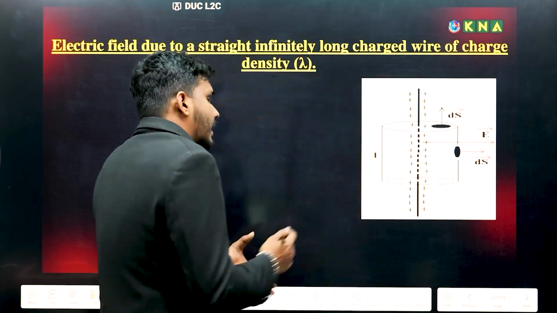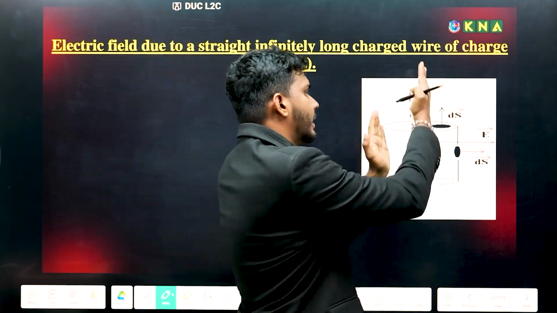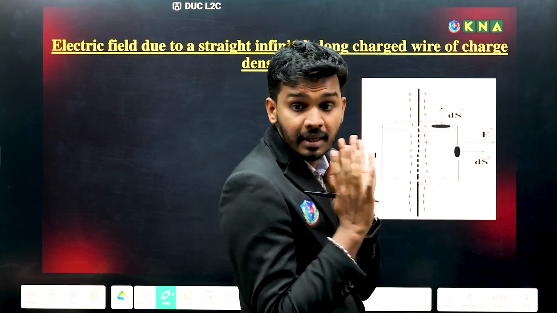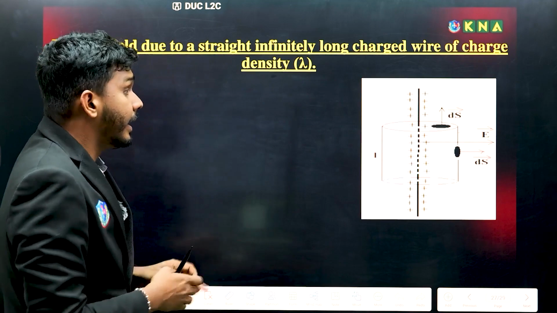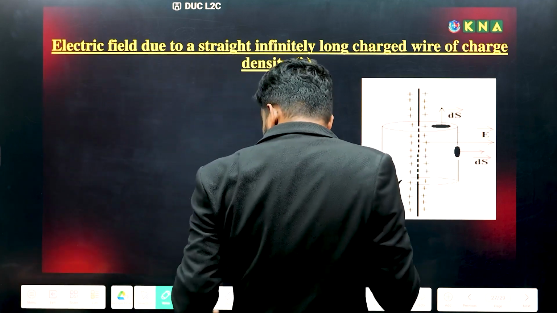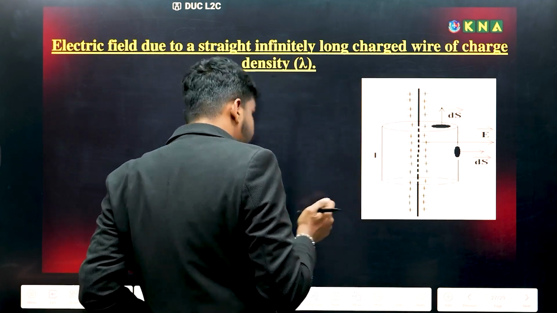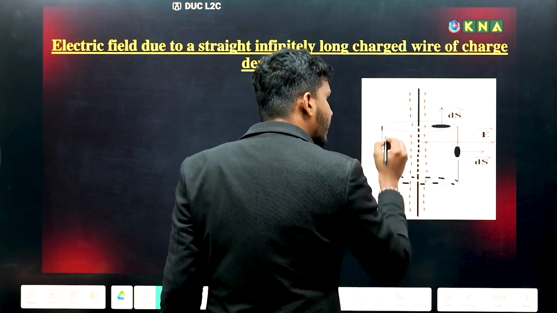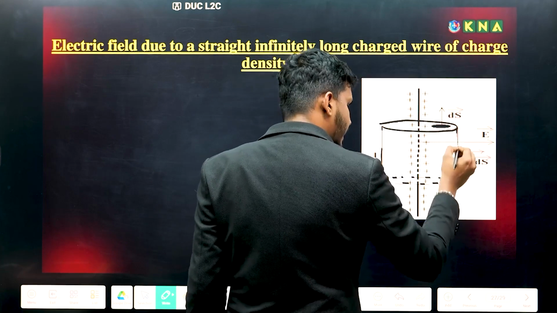For this, I consider a Gaussian surface, a cylindrical Gaussian surface.